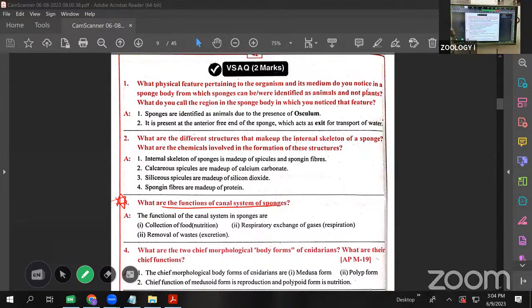In the sponges, the canal system is mainly helpful for the collection of food. The second one is the removal of waste, excretion, and the respiratory exchange. It is helpful in three ways to the animals. First is nutrition, that is, collecting of the food.